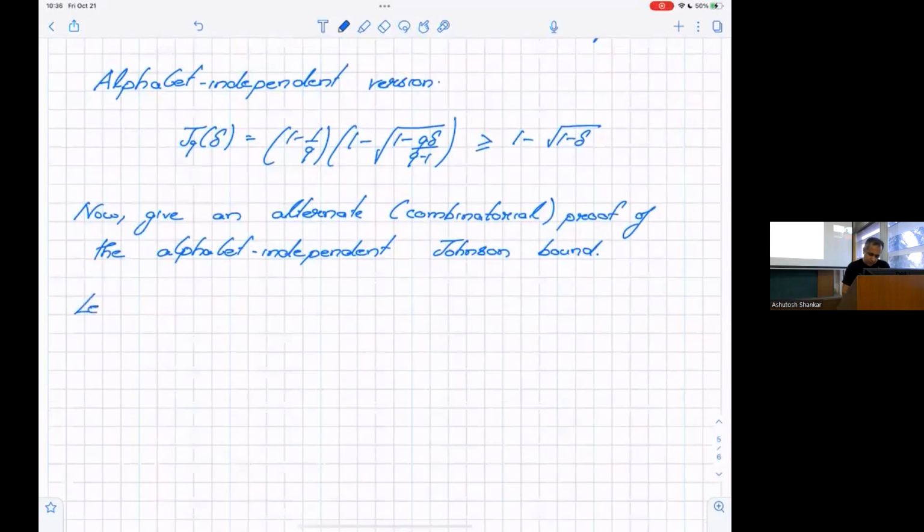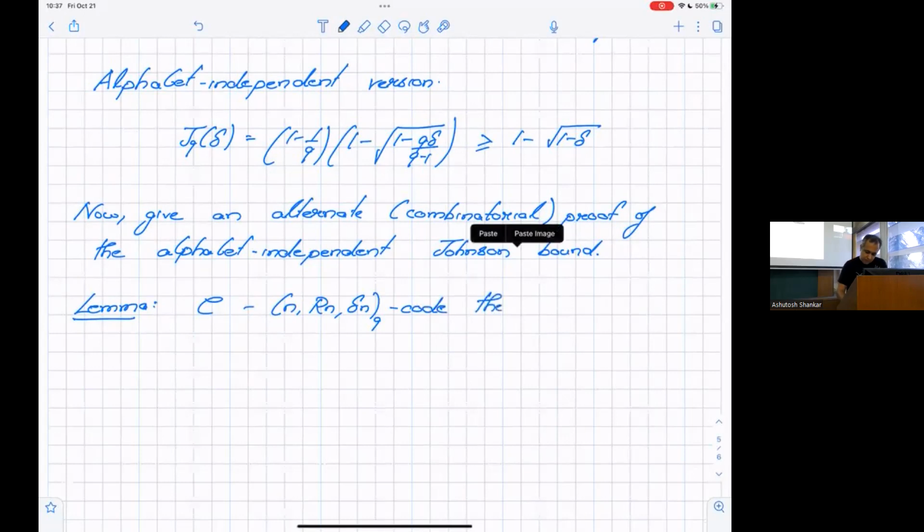Formally, we do the following statement. Let C be a code with distance more than delta, and put tau as 1 minus the square root of 1 minus delta.